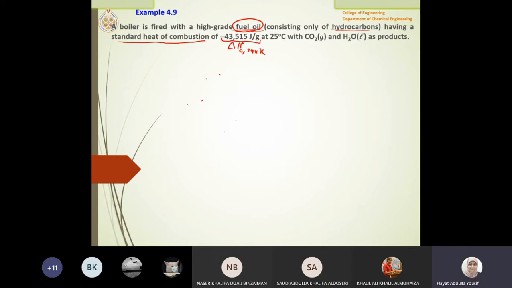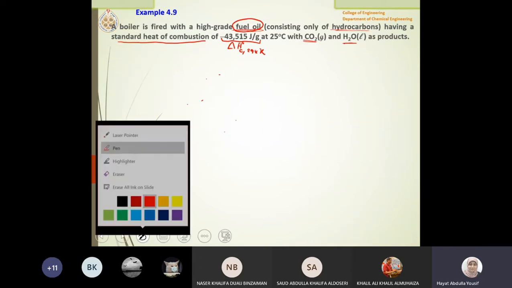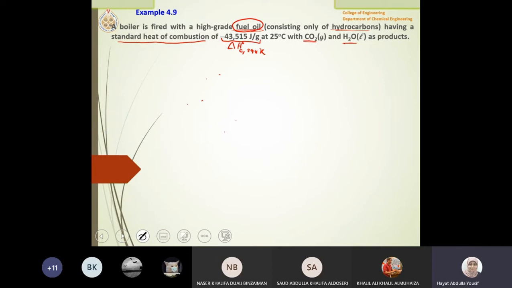They say that the fuel oil, having a standard heat of combustion, gives CO2 and water as products upon burning. If it is complete combustion, of course, such a hydrocarbon will give CO2 and water. Before I proceed, I want to ask: if they told me, for example, that this fuel oil is methane, would you be able to write the reaction?